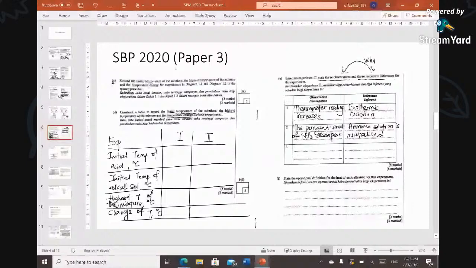Okay, number 3, what are the other observations that you can see? The mixture at the end of the experiment, there is no change in color of the solution.